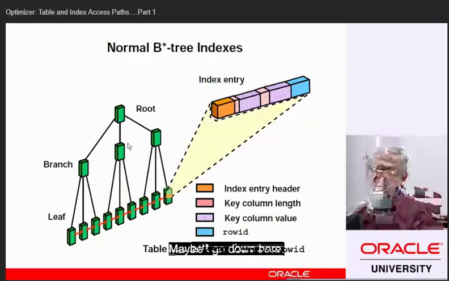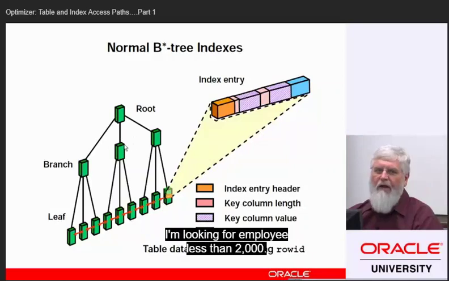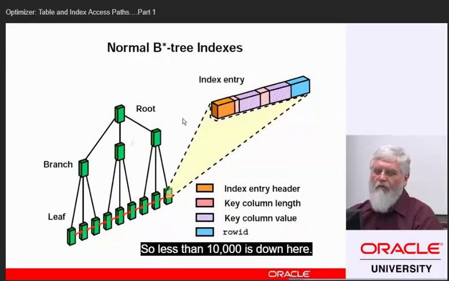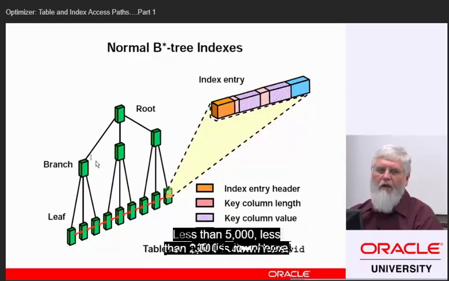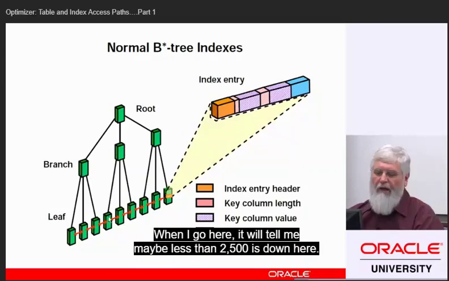Less than 10,000 is down here, less than 5,000, less than 2,000 is down here. I'm looking for 2,000, so go down here. Okay, it's less than 2,000, so 2,000 is in here. When I go here, it will tell me maybe less than 1,500 is down here, less than 2,500 is down here, less than 3,000, less than 4,000. We can go down and discover which one to go to.